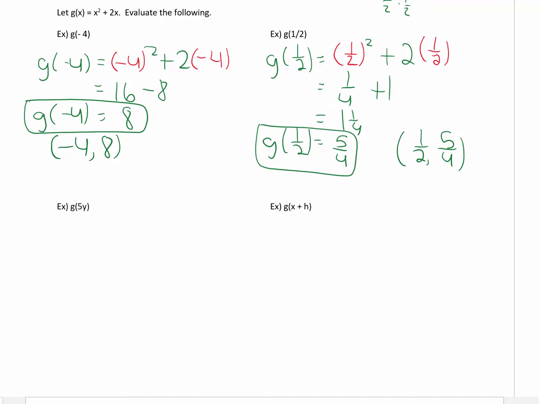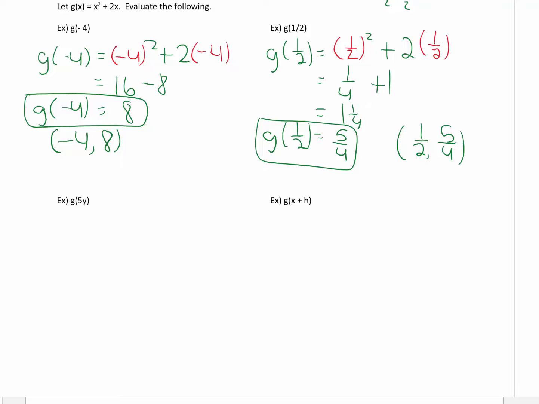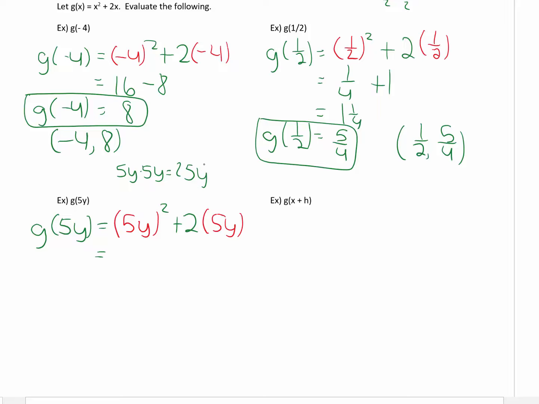Okay, let's take a look at the next example. Not everything in the domain has to be a number. Here it's a monomial, but we're going to treat it the same way as if it would be a number. So, g of 5y is equal to, okay, so 5y squared is 5y times 5y. 5 times 5 is 25. y times y is y squared. 2 times 5y is 10y.